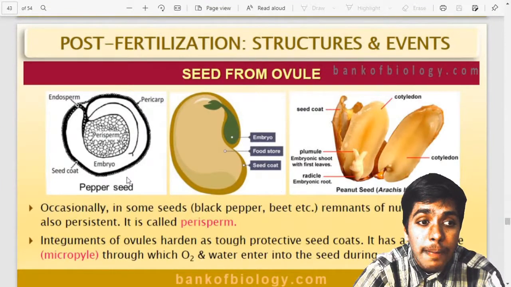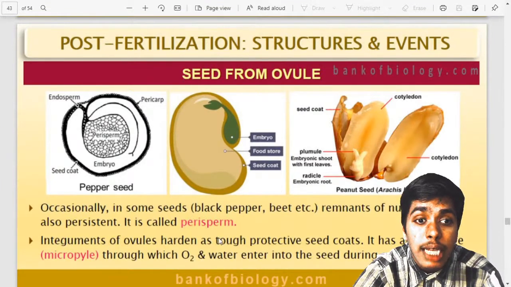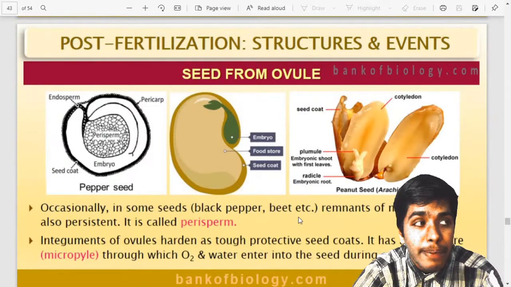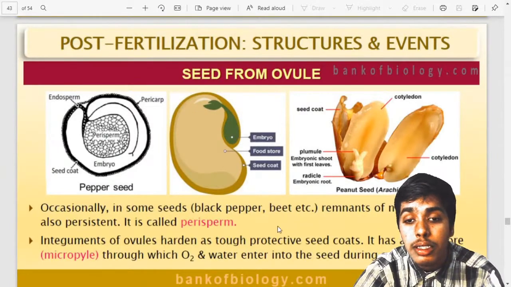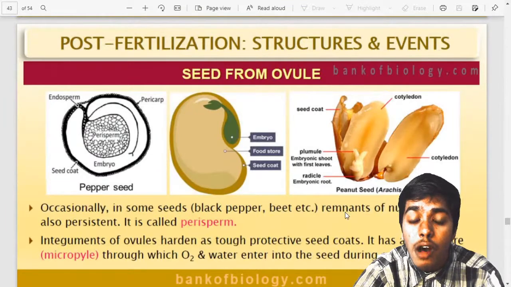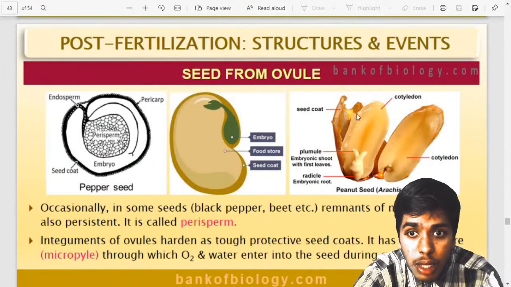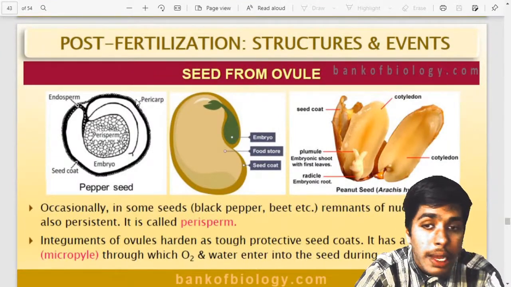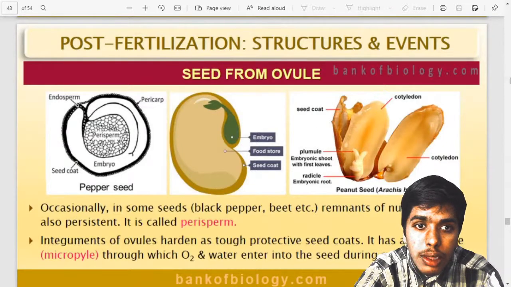That means in some seeds like black pepper and beet there are remnants of nucellus that persist. So, where is the perisperm? These are the examples.